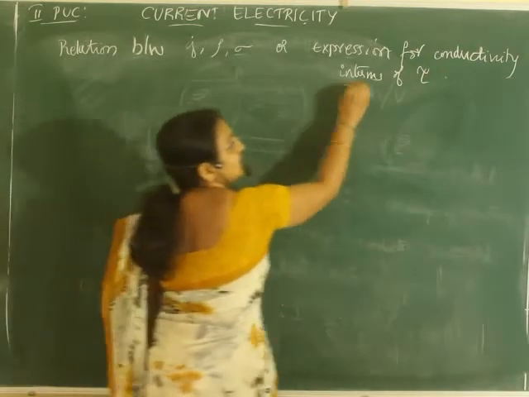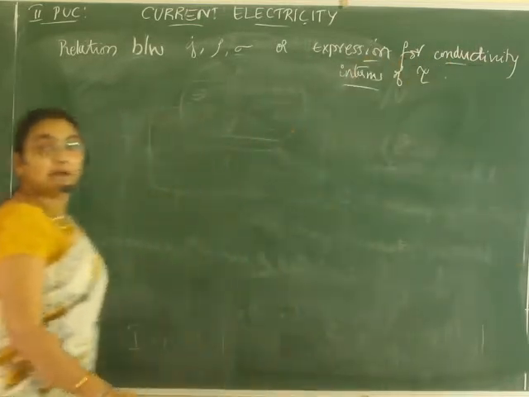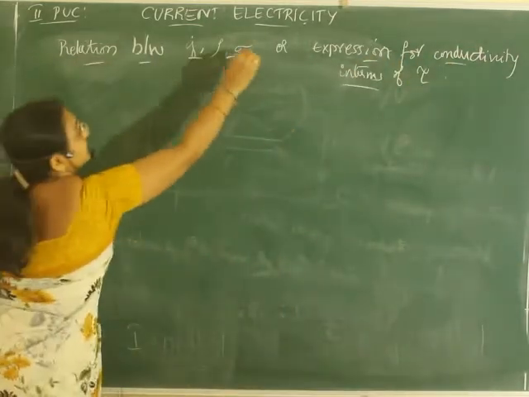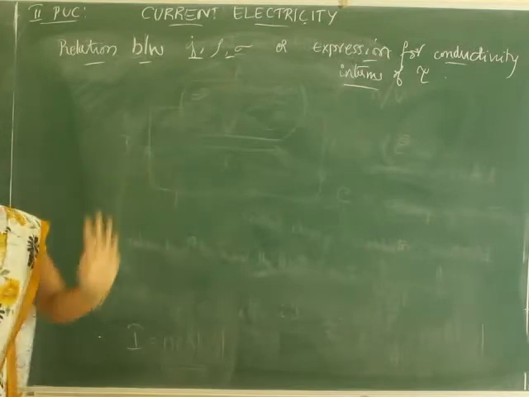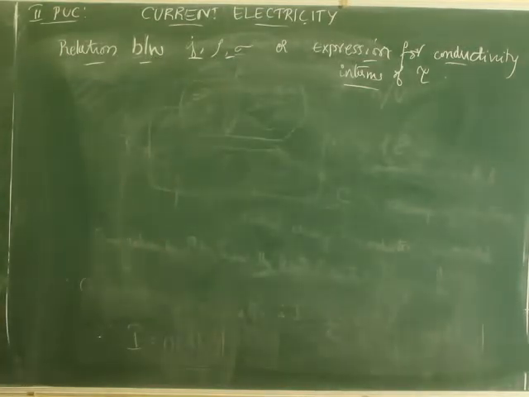Either they can ask in this manner or in this format, that is, the relationship between J, sigma and rho. Any way they can ask the question. Understood? Okay.